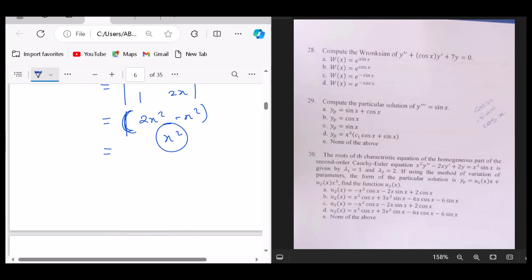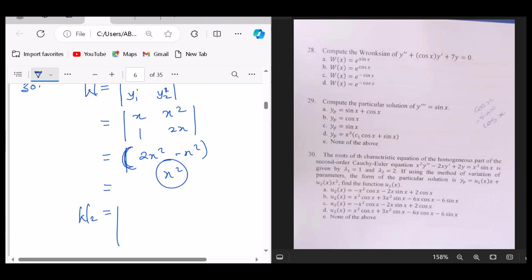To find W2, we just need W2, we don't need W1, the second Wronskian. We leave the first column. It's like employing what we call Cramer's rule. We need the second variable, so we just have to replace the second column with the constant matrix.